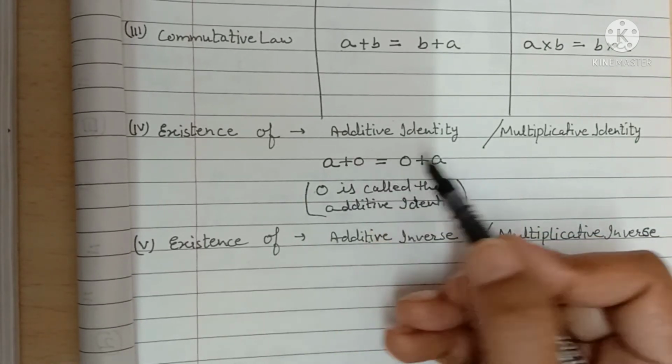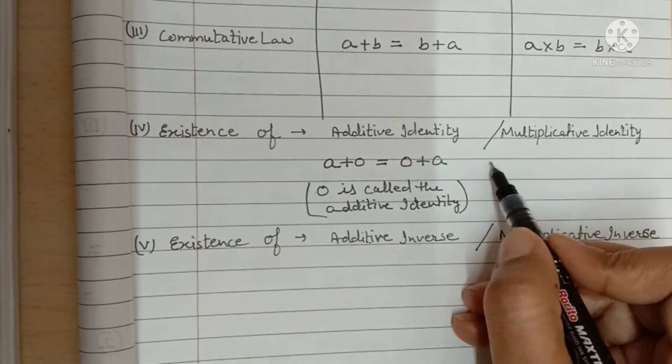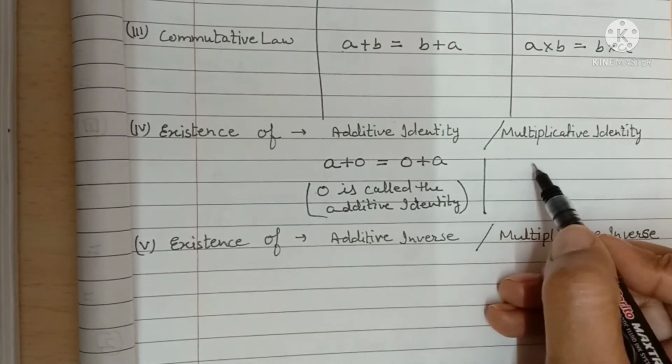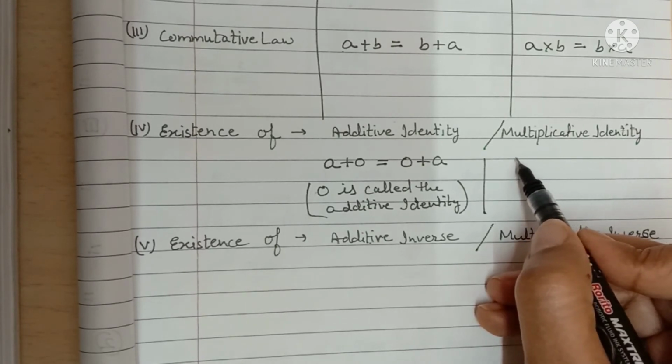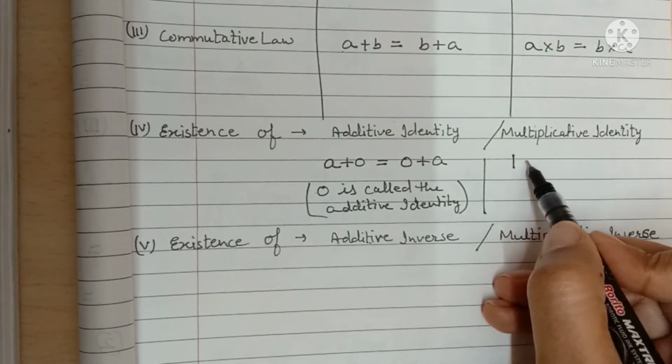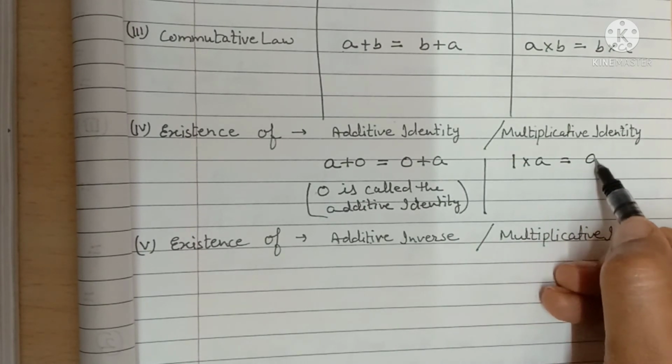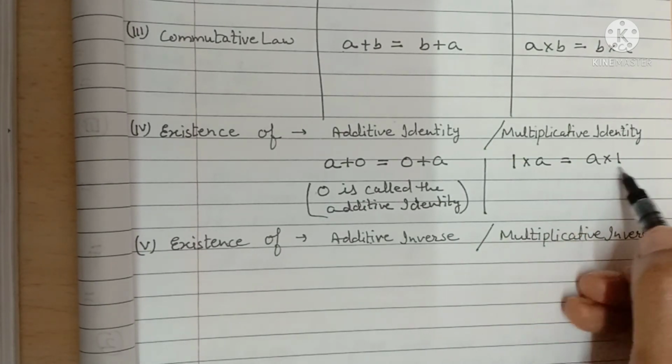0 is a real number, and for multiplicative identity, 1 is the multiplicative identity. When we multiply 1 into A, or multiply A into 1, the result will be the same.